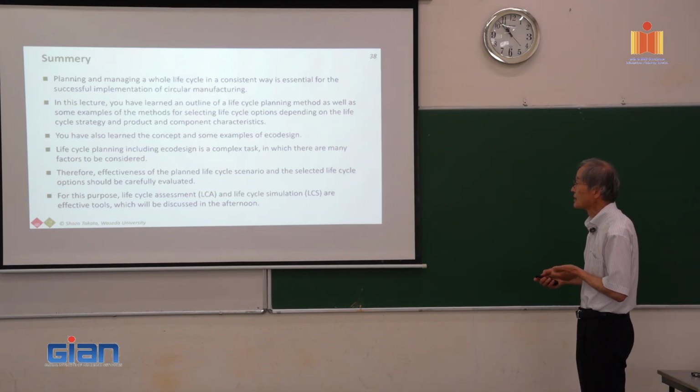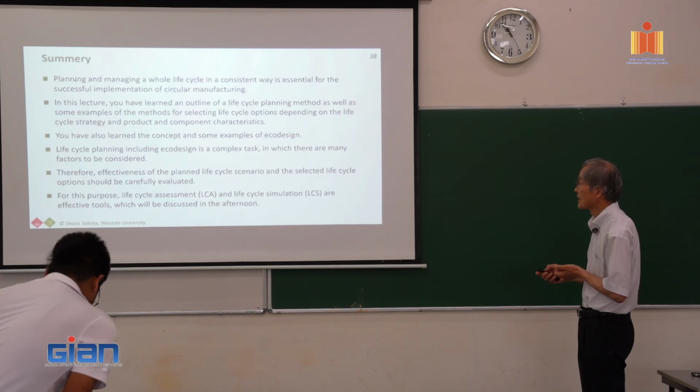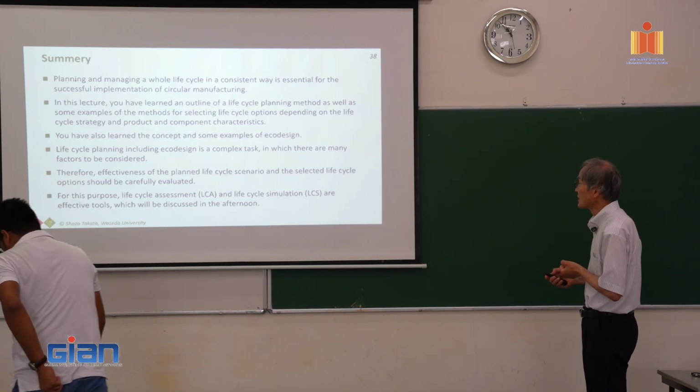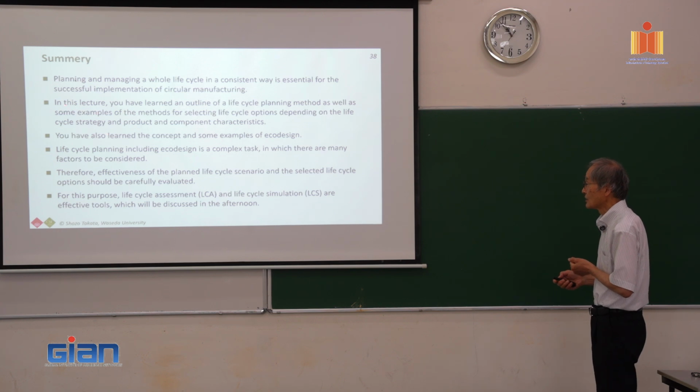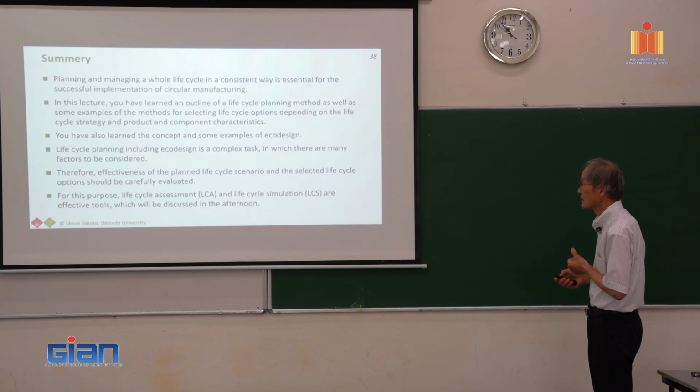The summary: planning and managing a whole life cycle in a consistent way is essential for the successful implementation of circular manufacturing. So in this lecture, you have learned an outline of the life cycle planning method, as well as some examples of methods for selecting life cycle options, depending on the life cycle strategy and product and component characteristics.